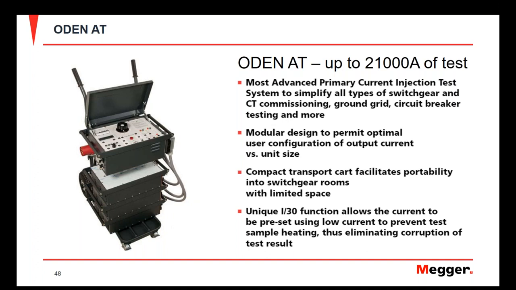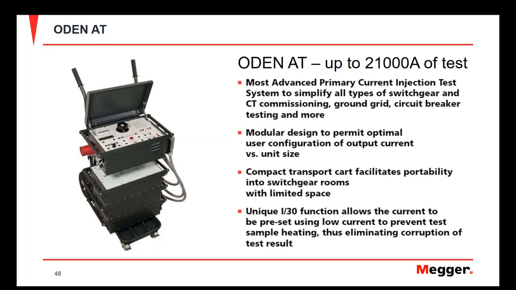Some of the other tests that this instrument can do: you can test CTs, you can do polarity checks, and you can do heat runs. You can also test automatic reclosers and sectionalizers with this piece of equipment, and you can check the integrity of ground grids and safety grounds. Another unique feature that this instrument has is I over 30.